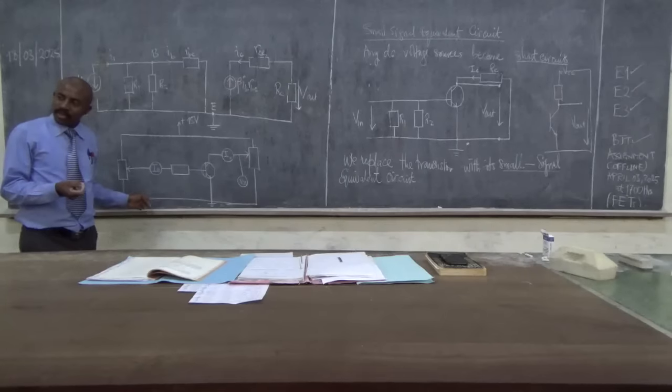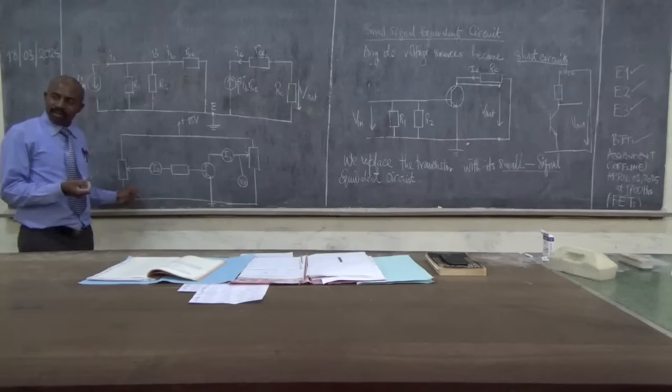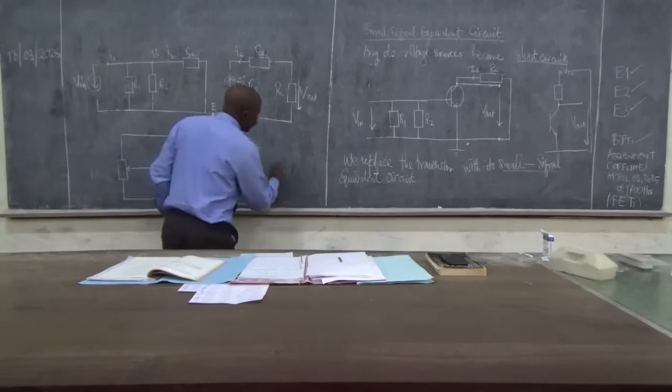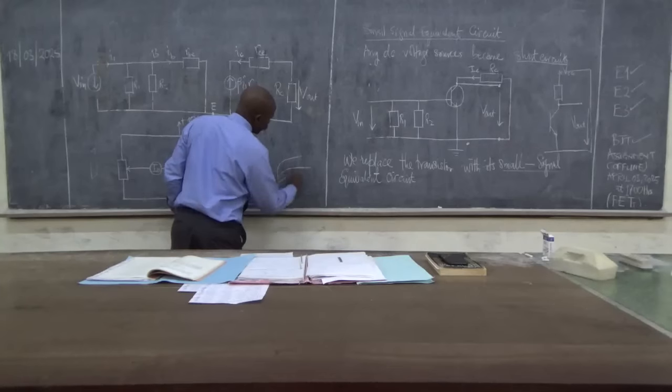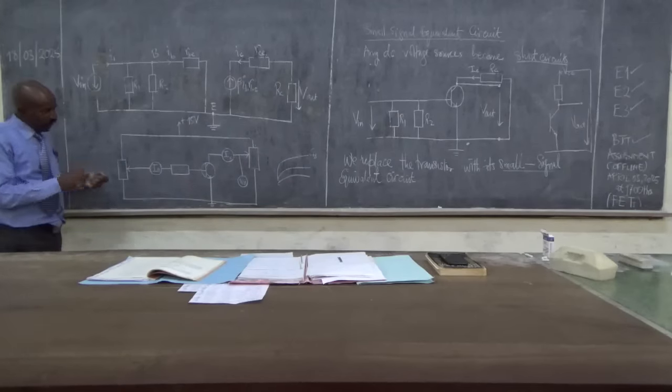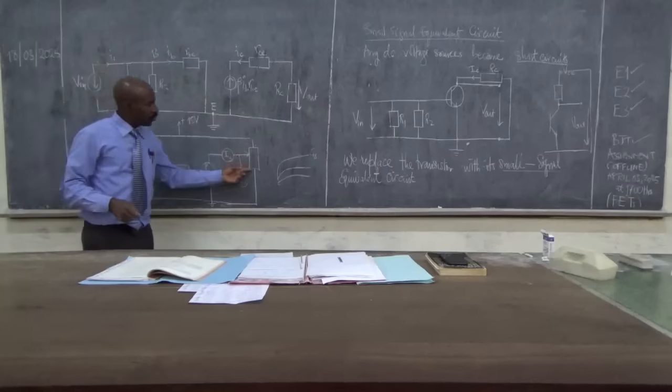Even this one, I think you needed to keep IB constant to get the values of the other one. So for a certain IB value, you will get these values by adjusting the potential divider.